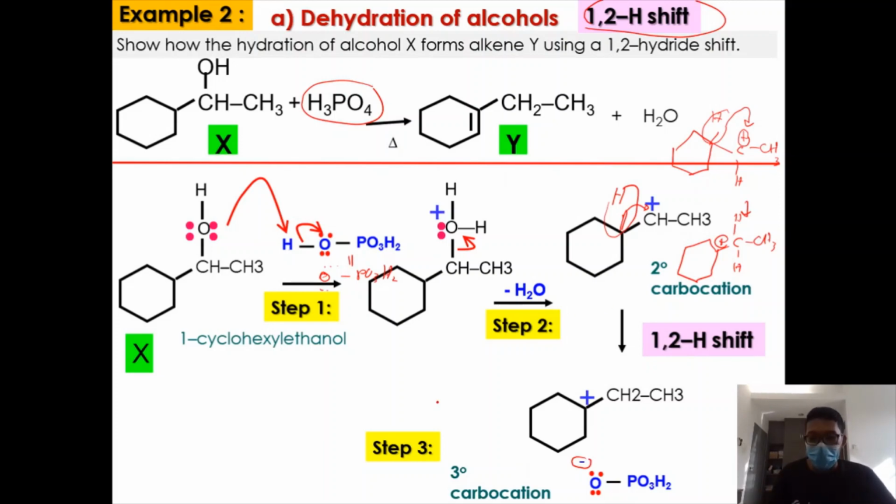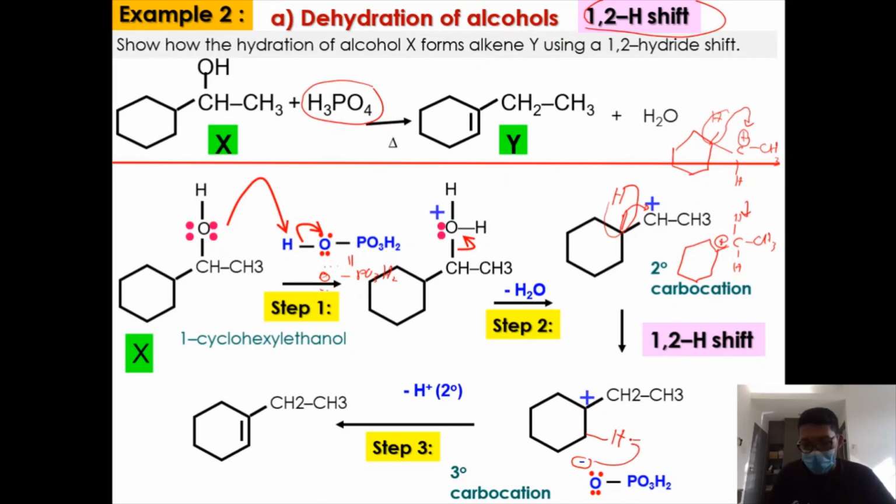Now, for step number 3, we're going to remove hydrogen in order to form alkene. So we can remove the hydrogen from here, where we take this hydrogen, and this single bond is going to break apart and move into here, and this is going to produce our product Y, a secondary alkene.